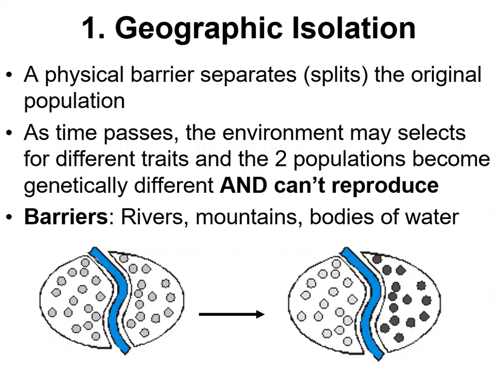If it keeps those two populations, population 1 and population 2, separate long enough, and the two don't interbreed or exchange genes, and the genetic changes accumulate in each population over time, it is possible that at some point in the future, if you try to breed an organism from 1 and 2 together, it won't work. And at that point, you will say, they're different species now. So this is geographic isolation.